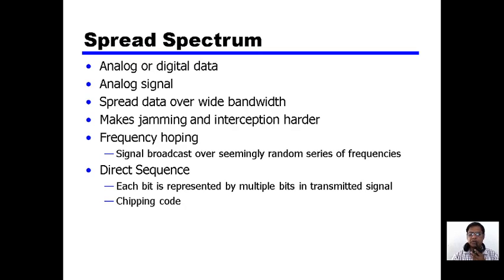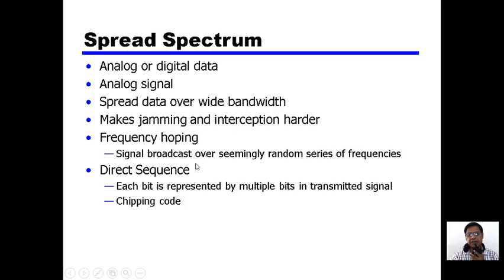Sometimes the signals may be jammed, or there may be interference, and it becomes difficult to transfer the signals. We are going to discuss this topic, frequency hopping spread spectrum, where the signal is broadcast over a seemingly random series of frequencies. We are going to see about this.